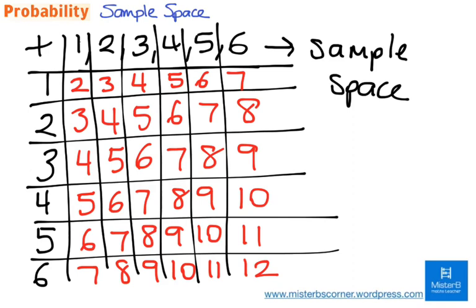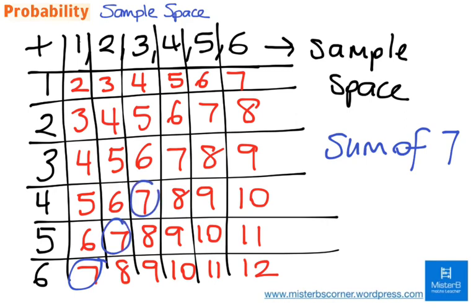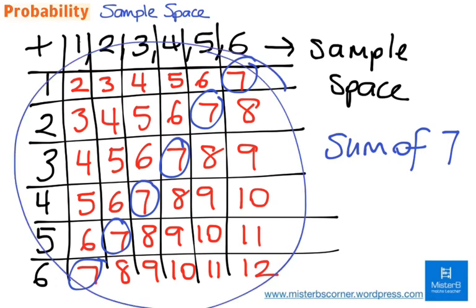Right, now I can discuss, for example, what is the probability of getting a sum of 7. So I can just go like 1, 2, 3, 4, 5. There are 6 sevens out of a total of 36 outcomes. So it's going to be 6 over 36, which would be 1/6, right?